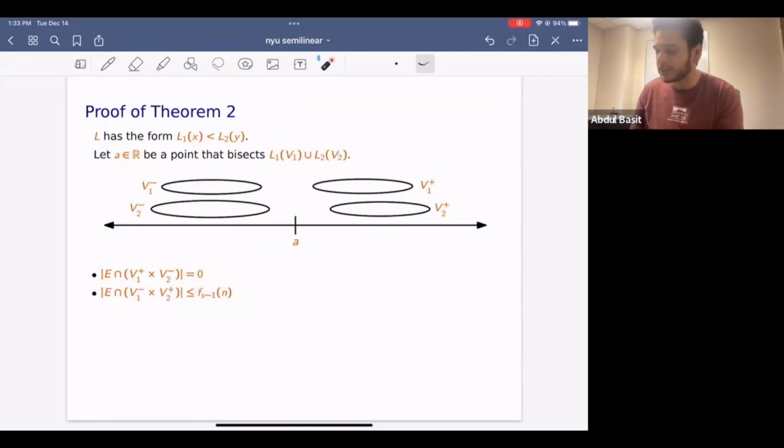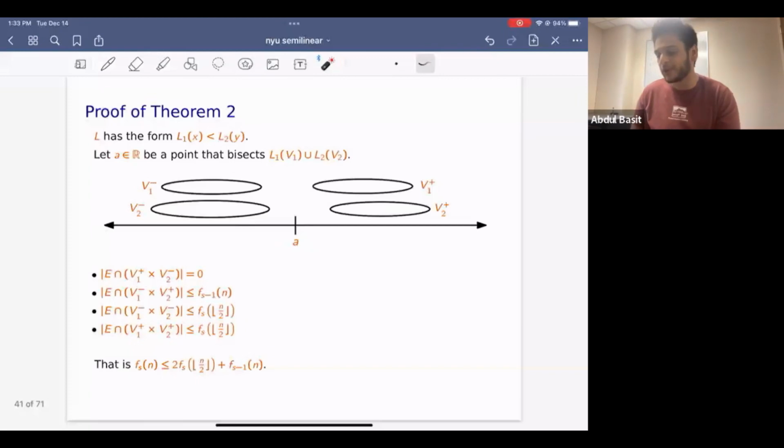And then lastly, inside these two pieces, I've gone down in the number of vertices, so the number of inequalities stays the same, but the number of vertices goes down. So again, very rough idea of what's happening, but this gives me what I want. It shows the inequality that I said I needed to prove. And then from here, the bound that I mentioned is not too hard to get. So does that roughly make sense? Okay, yeah, so getting this to work more generally takes a little bit more work, but that's roughly the idea of what we go with.